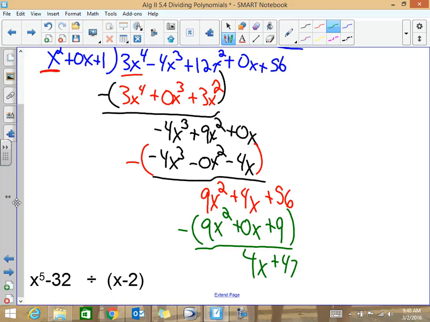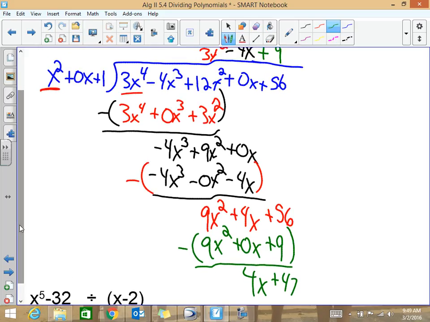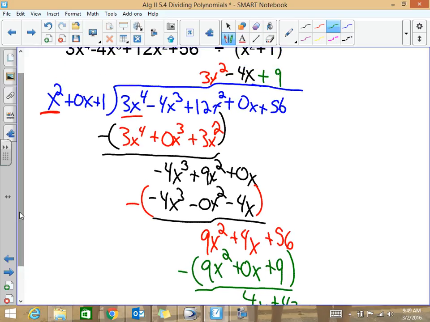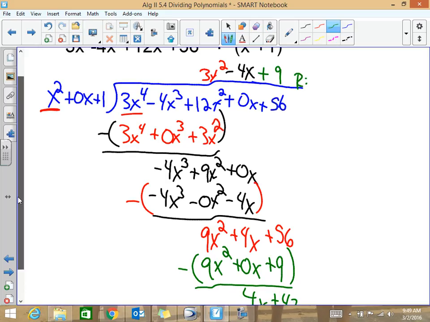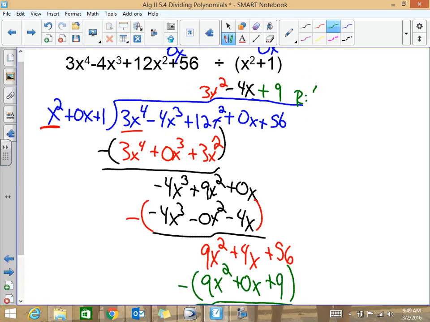Now, is there anything we can multiply x squared by to get 4x? No, right? Or you can think about it as this degree is now higher than our problem, so we're finished. So the answer to this is 3x squared minus 4x plus 9 with a remainder of 4x plus 47.